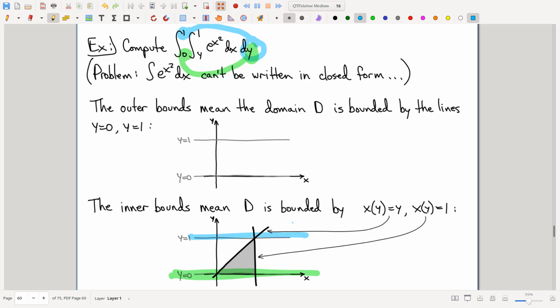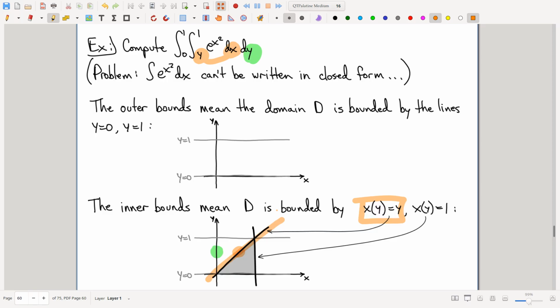For any given value of y, so we're going to look now at some value of y between 0 and 1, apparently we're going to be starting where x equals y, which is a point on that curve.